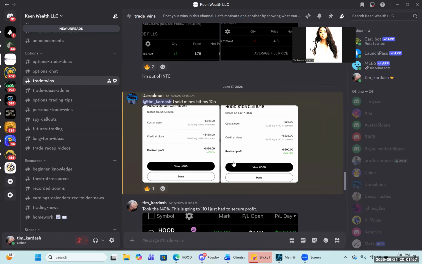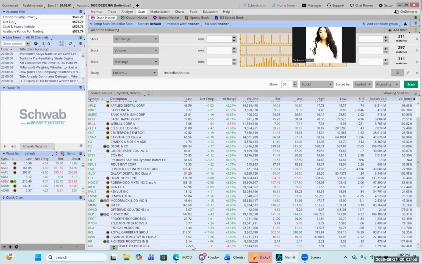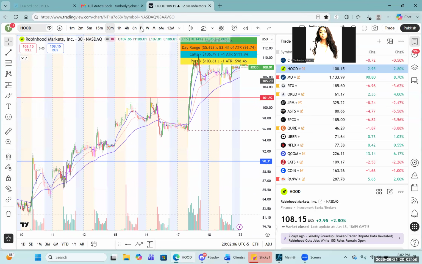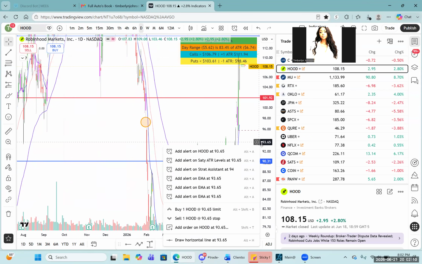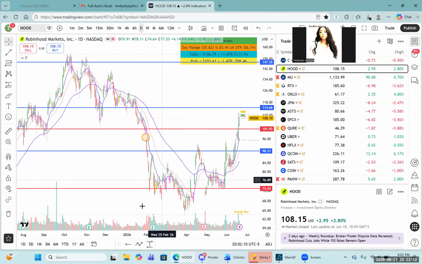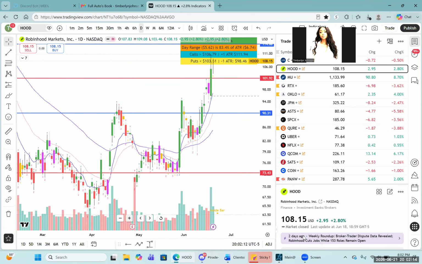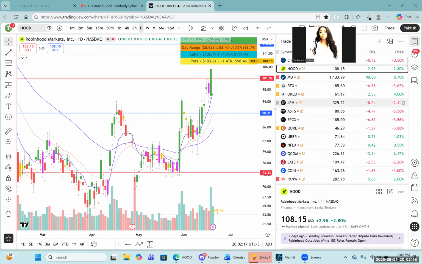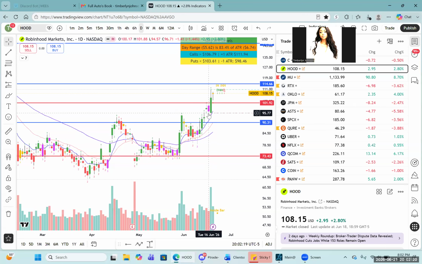So Hood, I think that it just had some bullish momentum, if I'm not mistaken. 6/17, so we had to be looking at Tuesday's candle. Okay, yeah. So this three bar.